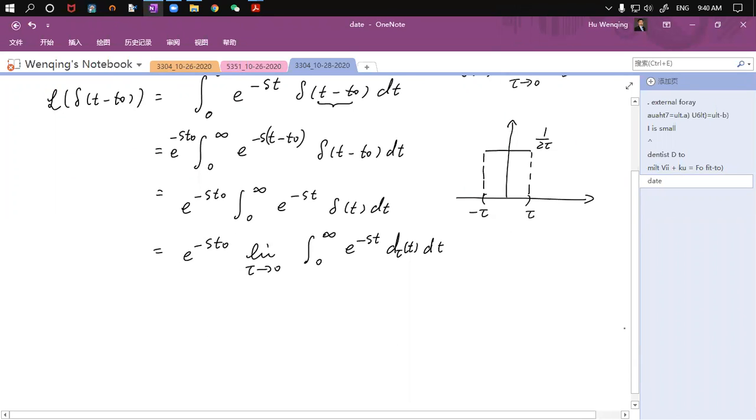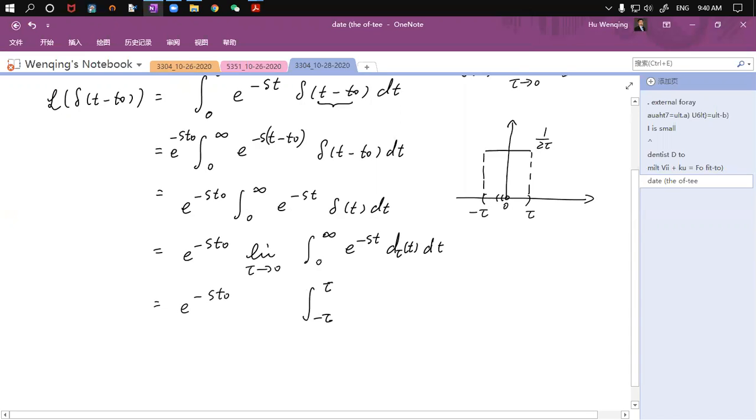Then I can extend this function a little bit. Because tau is going to 0, I set this integral just from minus tau to tau, since 0 to infinity is like 0 to tau. When tau is very small, the integral from 0 to tau is similar to the integral from minus tau to tau, because minus tau is converging to 0.